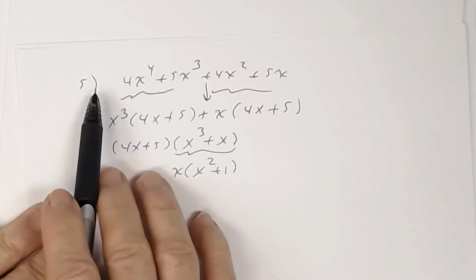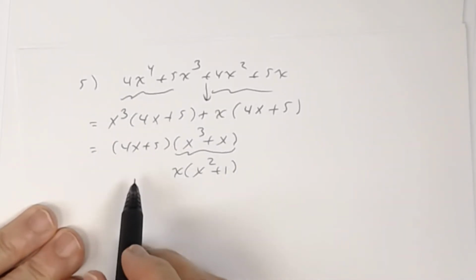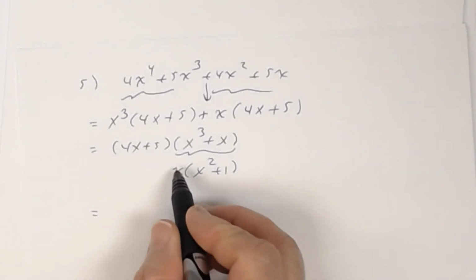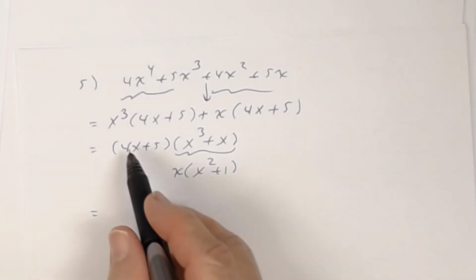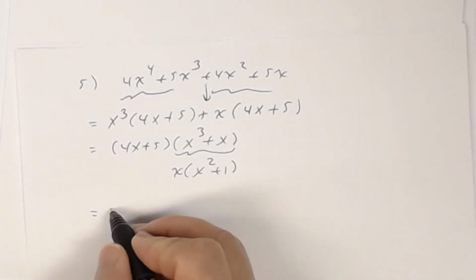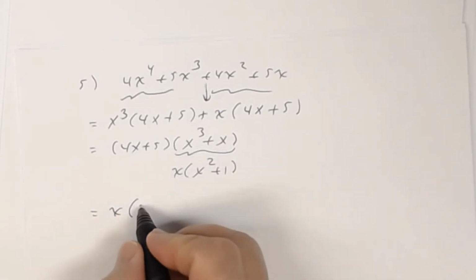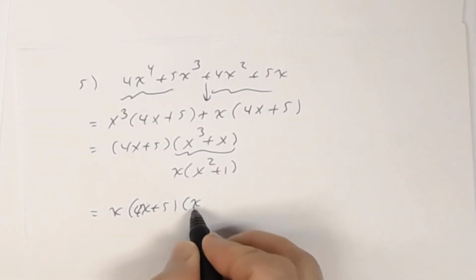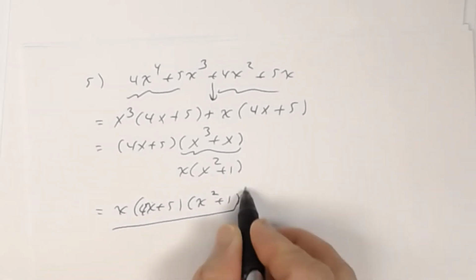And so in number 5, this polynomial, you have 3 factors. And we always tend to put the binomial factor first at the beginning. See, that's a binomial, that's a binomial, we have this binomial. So let's put that first. You're going to say x times this binomial, 4x plus 5, times this binomial, x squared plus 1. So that's what you had to do there.